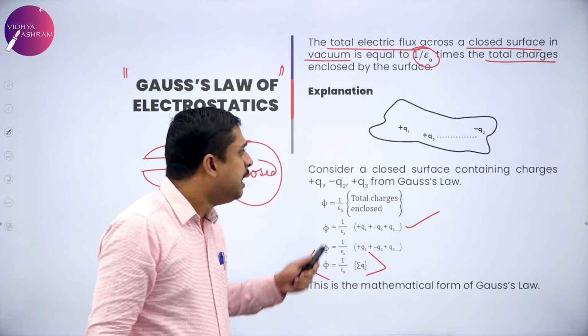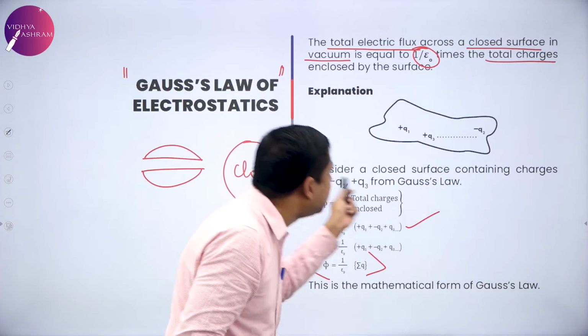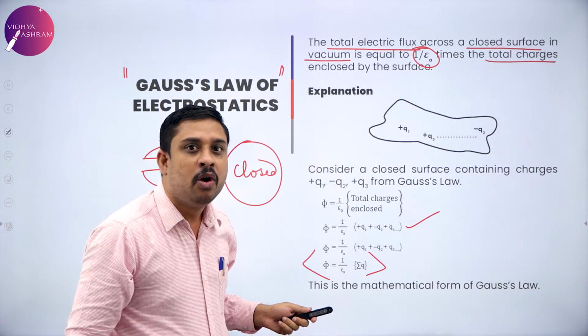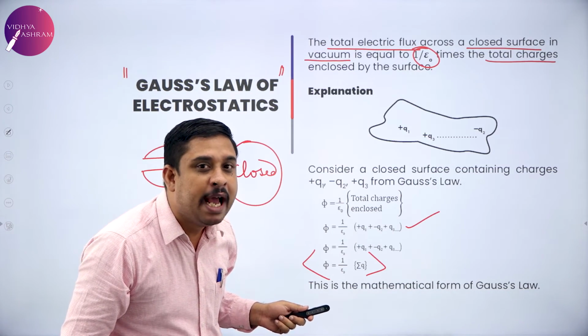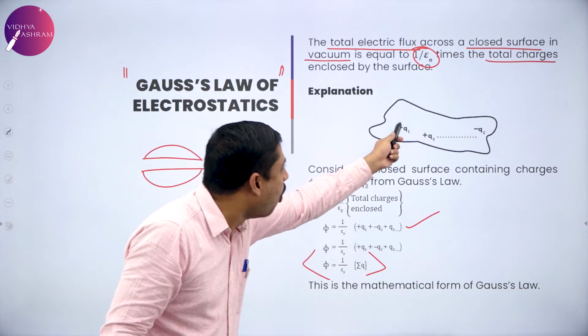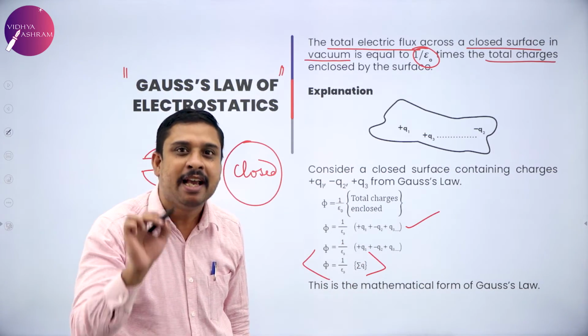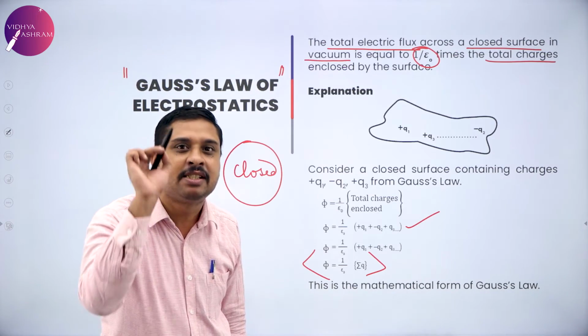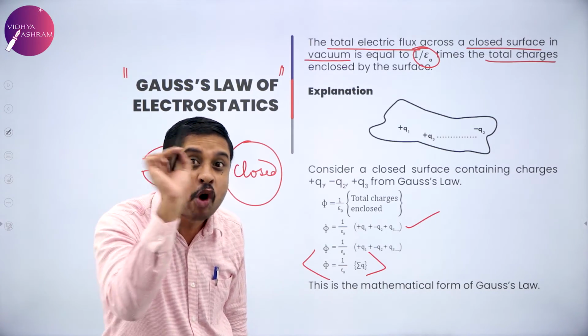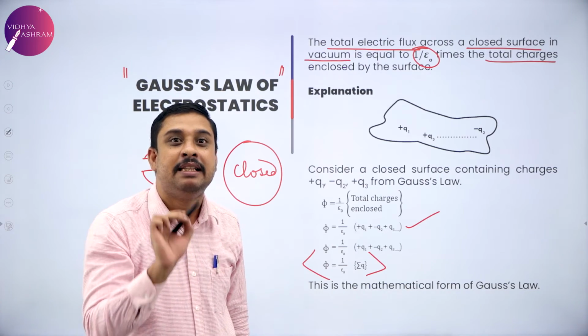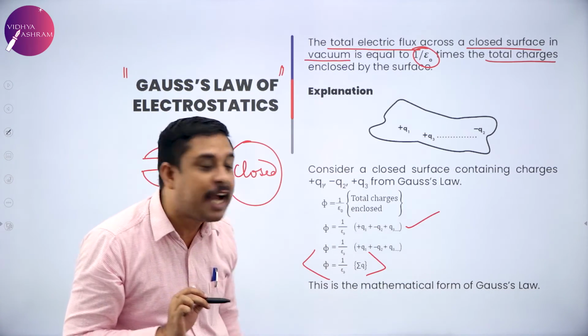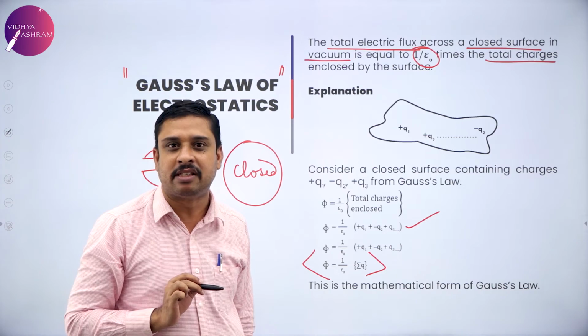Now, charges which are outside the surface, do they contribute to electric flux over this surface? No. Only those charges which are enclosed by the surface contribute to flux over that surface.